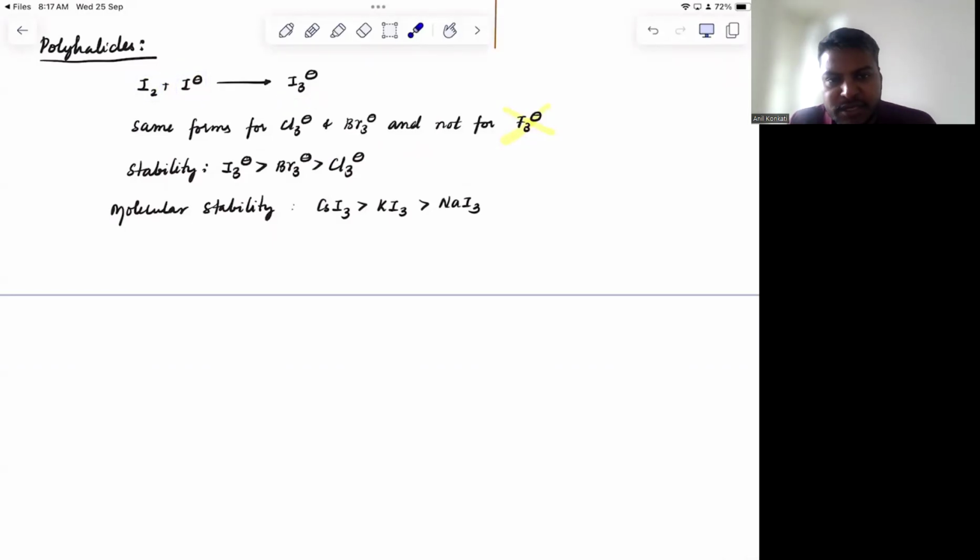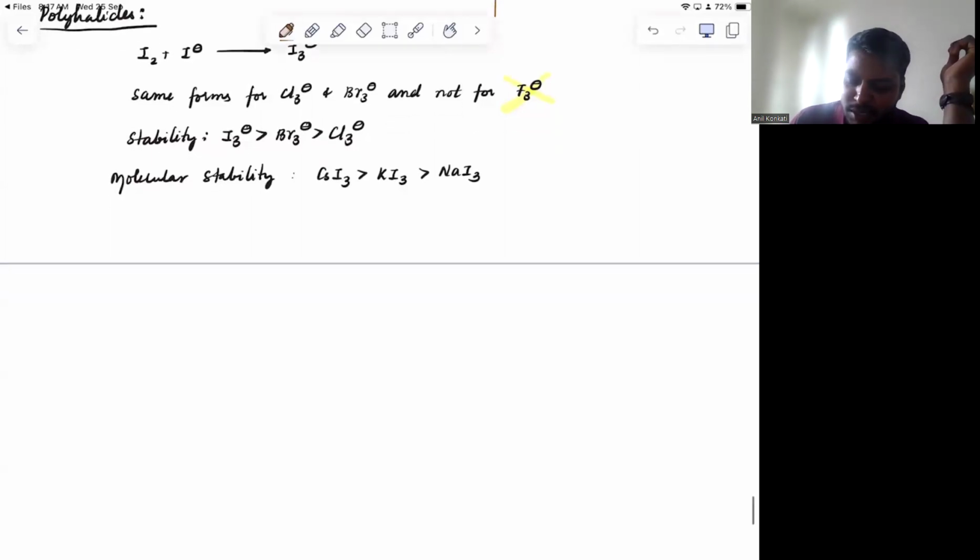That is a halogen reacting with a halide. Or you can also have one type of halide reacting with the other type of halide. That is also a polyhalide formation.